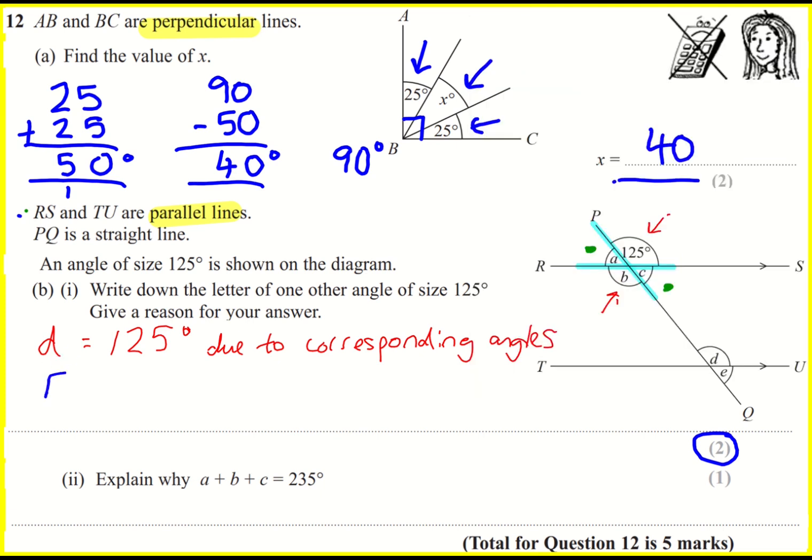So B is also equal to 125 due to, this is a bit more of a challenging one to remember, vertically opposite angles.